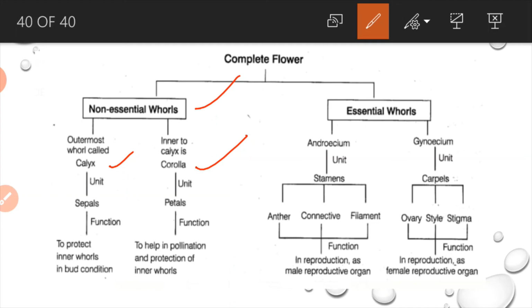Its units are called sepals, and the main function of the sepal is to protect the inner whorls in the bud condition. The next whorl is corolla. Its units are petals, the colored parts of the flower. Its main function is in pollination and protection of the inner whorls.